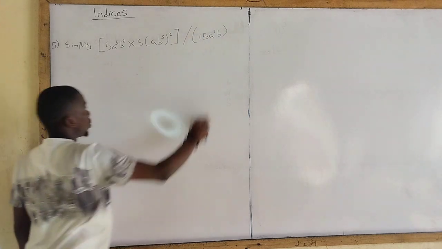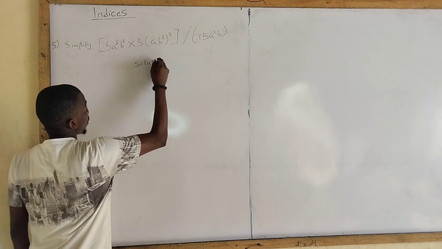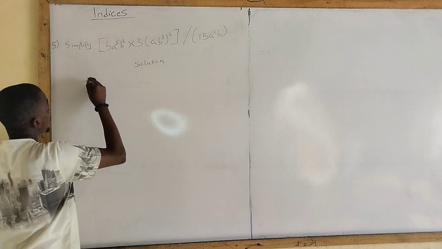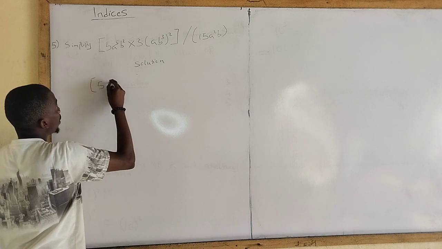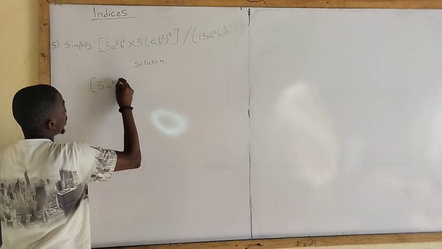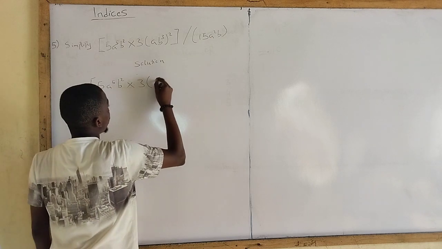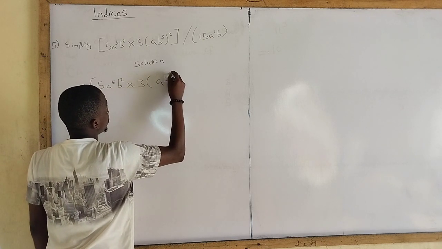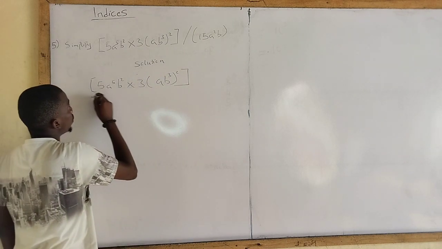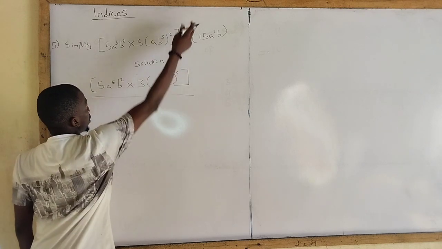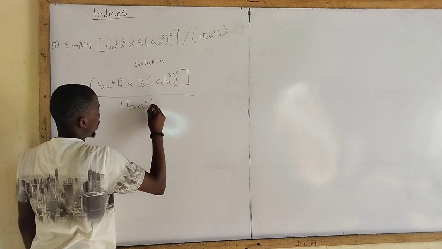You know that this expression can also be written as 5a to the power of 5 b squared times 3(ab cubed) squared, all over 15a squared b.